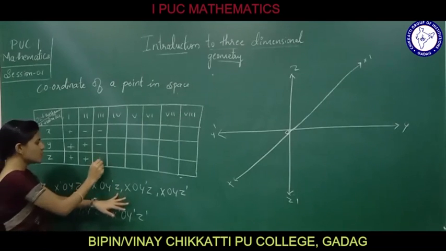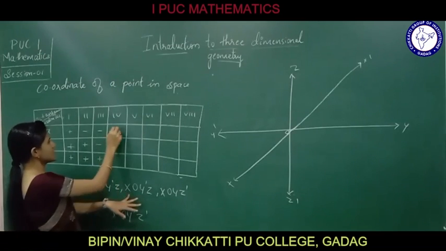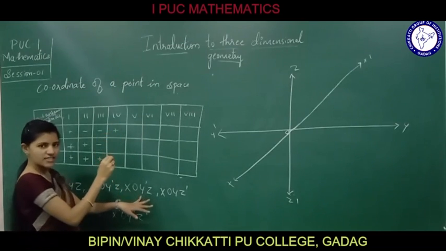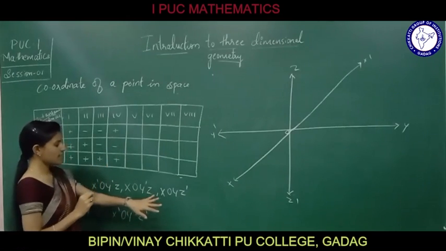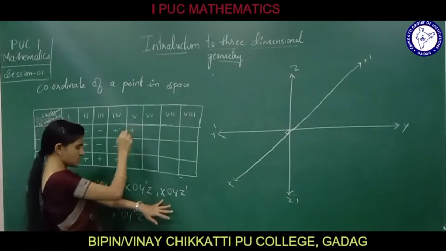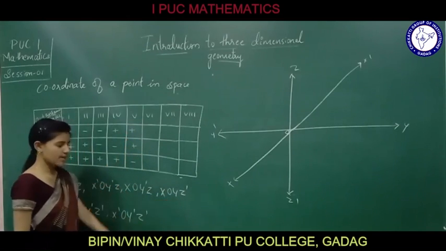And what about Z? Z is positive. Next we have X. X is going to be positive. Y' means it is negative. And then Z is positive. Again we have X positive, Y positive and Z' negative.